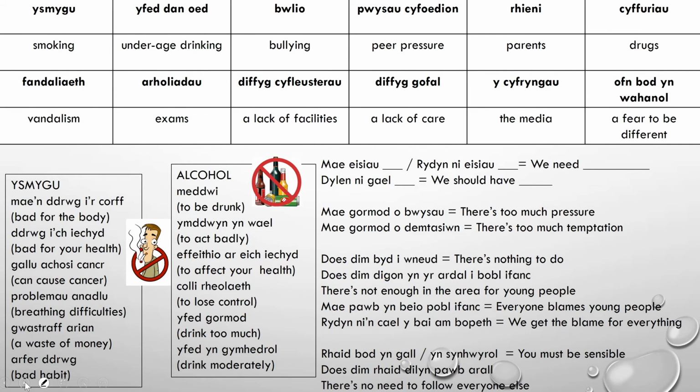So here are some general key vocabulary: ysmygu, yfedanoed, bwlio, pwysau cyfoedion, rhieni, cyffuriau. You can read them there for yourselves. Don't forget the other key vocabulary was back in task 1 as well, and those answers have all now been uploaded for you. We've also included some general sentence structures for you, so that you can use them in order to help you respond fully.